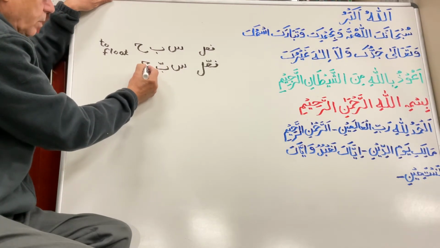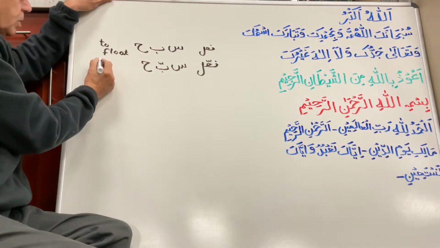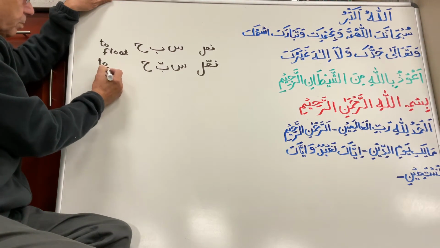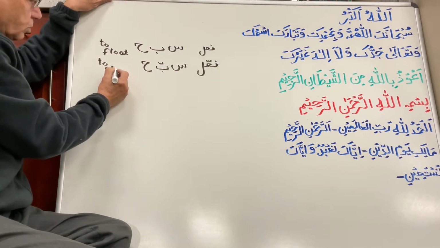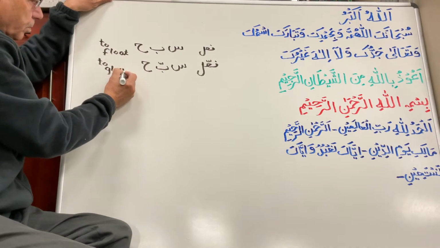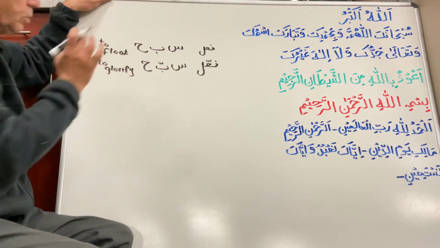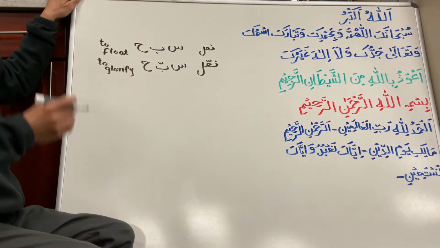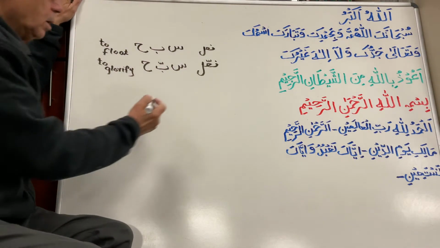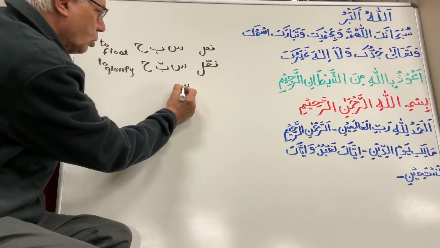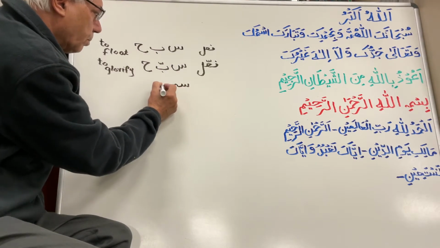So what is the meaning of sabbaha? Sabbaha means to glorify, to do tasbih. So that is the meaning of this word. Now, from this word, sabbaha, a noun is created which is pronounced as subhanun.